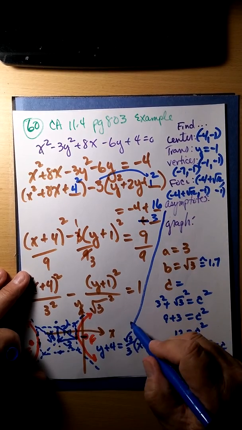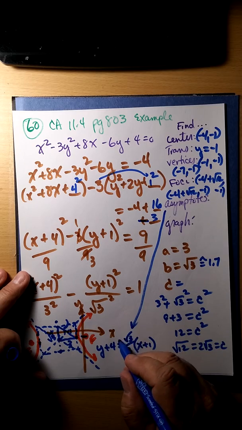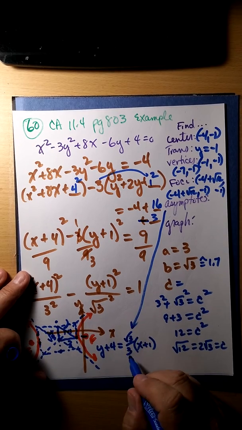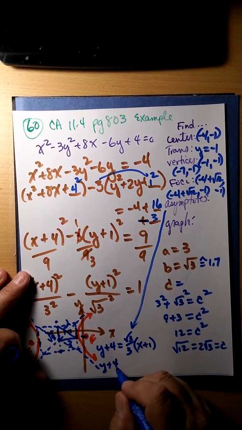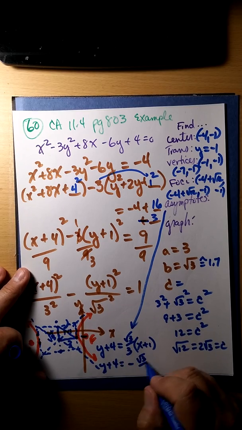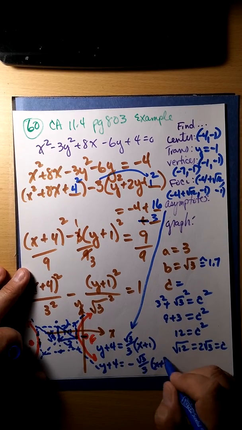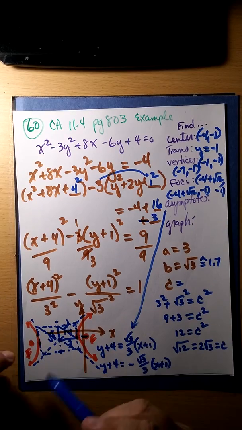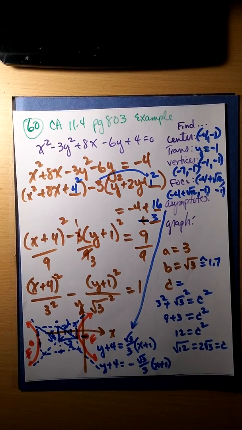That's the equation of the asymptotes if you do a plus this slope and a minus this slope. And the graph is already done. So, problem 60. A lot to that one, but if you can do that, you can answer any question you need for hyperbola.